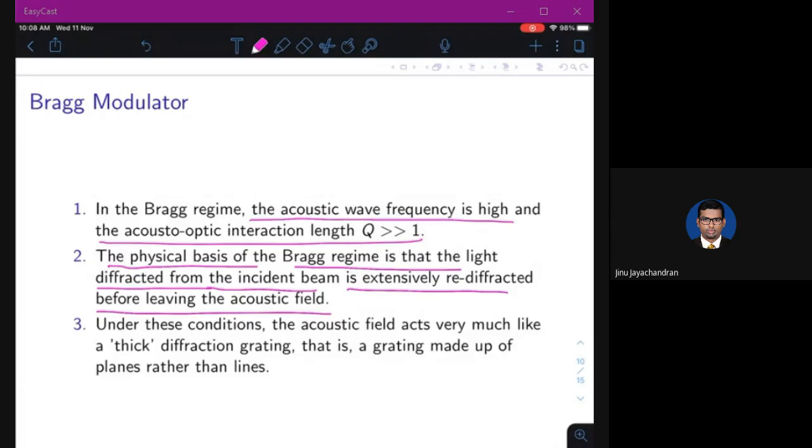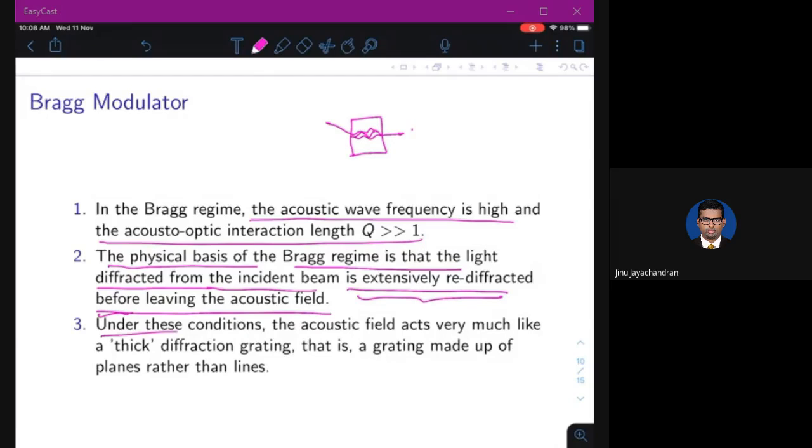What it says is, if this is a material, the wave is incident at some angle, and there is too much diffraction happening, such that only those waves in which there is constructive interference will come out. So there is extensive diffraction before leaving the acoustic field.